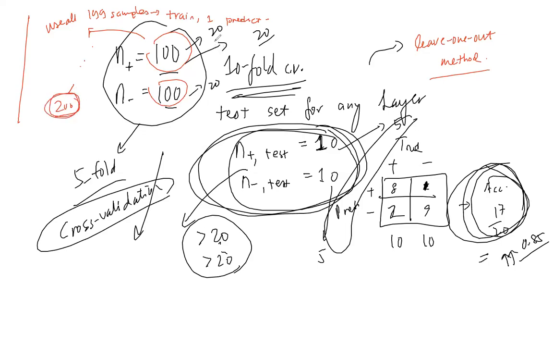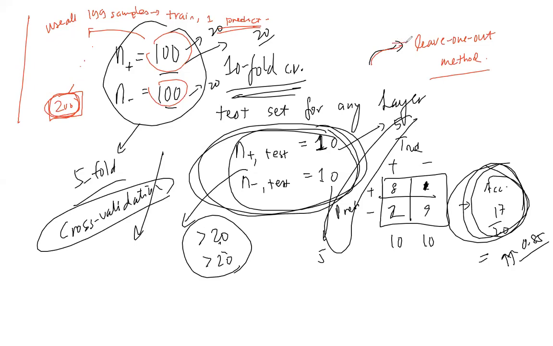Okay, so you have to build the model 200 times, and then train 200 times, with the sample that's left out. So this will be computationally intensive, and depending on how fast your algorithm is for running each classifier, this can take a bit of time if you decide to do this leave one out method.